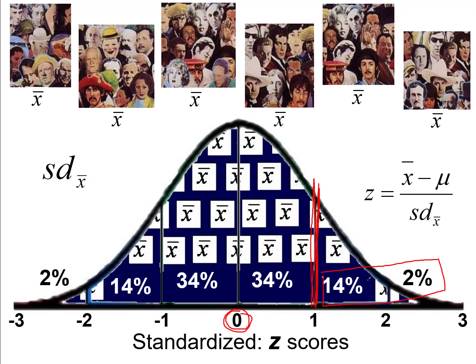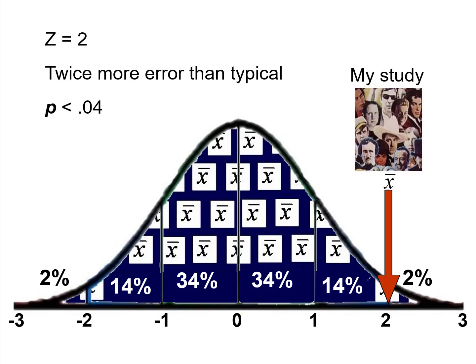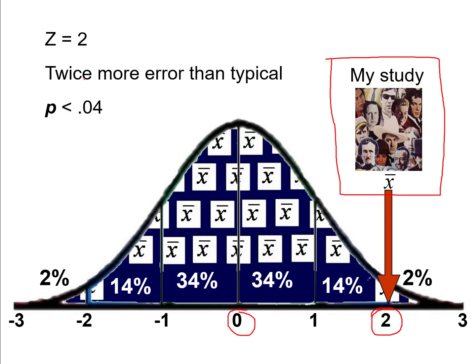Let's plug in the example we've been looking at. The example that we've been considering is a situation where I collect a sample of people and calculate the mean for that sample, and the mean for my study is 2 standard errors higher than the true population parameter. And we saw how, if I calculate a z-score for that study, my z-score would be 2, because that study is 2 standard errors higher than the true population parameter.